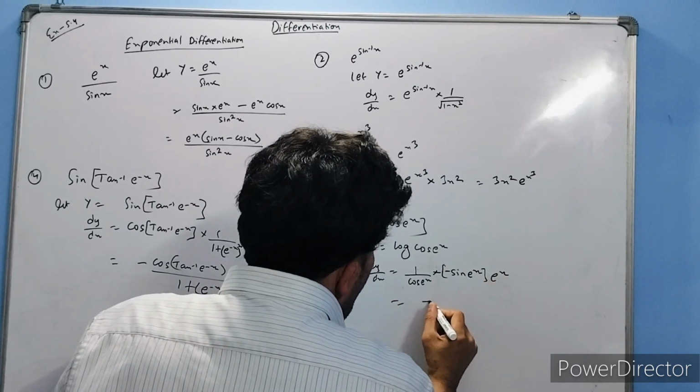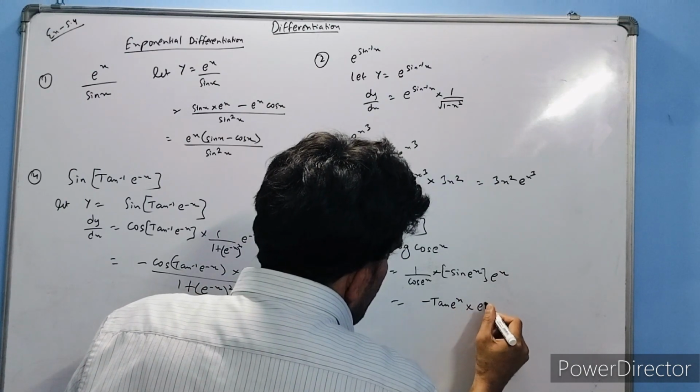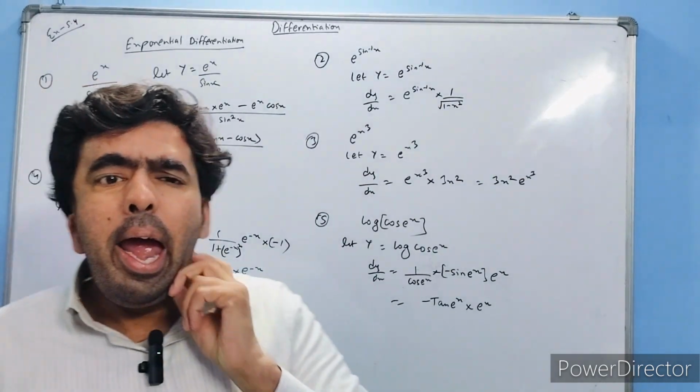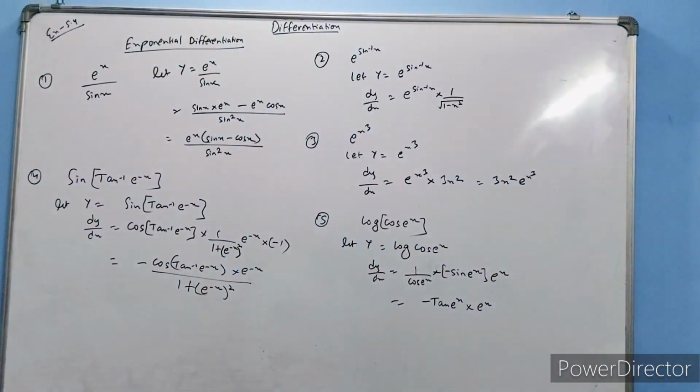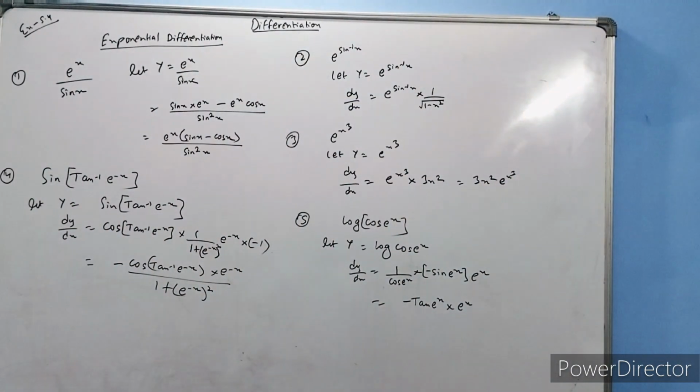So we can say minus tan e raised to power x into e raised to power x. So that is how we differentiate the exponential functions.